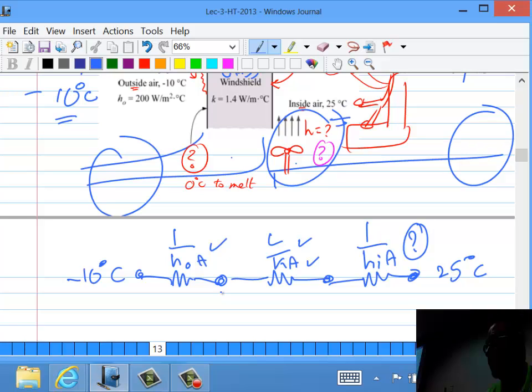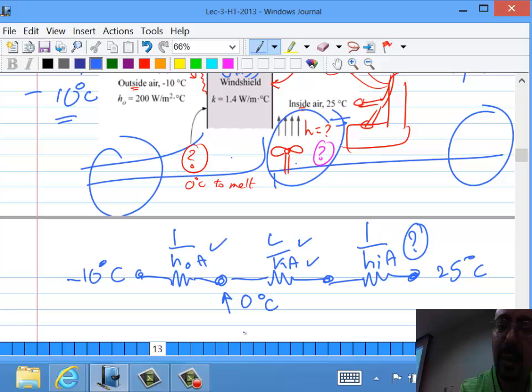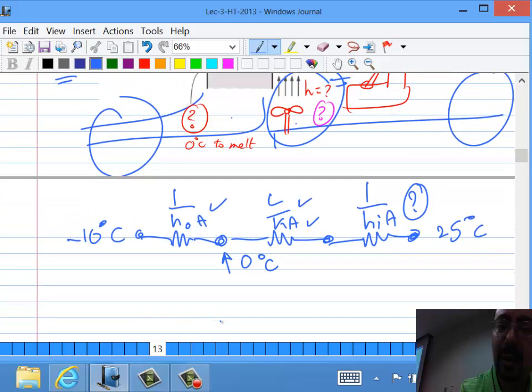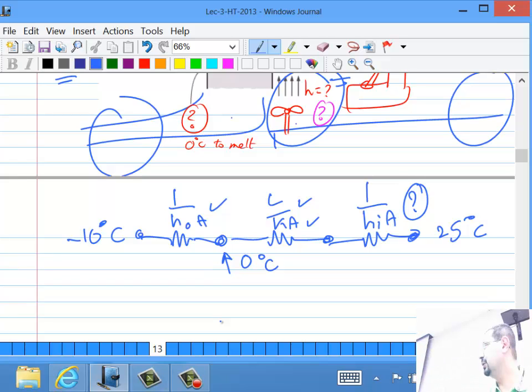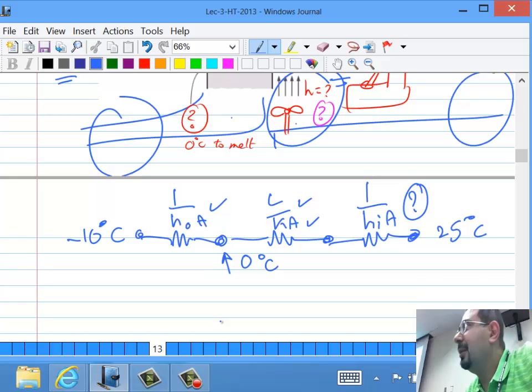All right. So now, any problem like this, multi-layer conduction, there is only one equation that solves these problems. And that equation is, of course, Q equals delta T over all those resistances. We are not going to start from Fourier's law and integrate anymore. Those problems are easy enough for us.